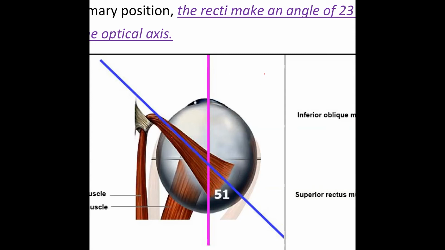Here we are talking about the obliques, which create an angle of 51 degrees with the optical axis. The primary action is the one nearer to the primary position: intorsion for the superior oblique and extorsion for the inferior oblique. What about the secondary action?